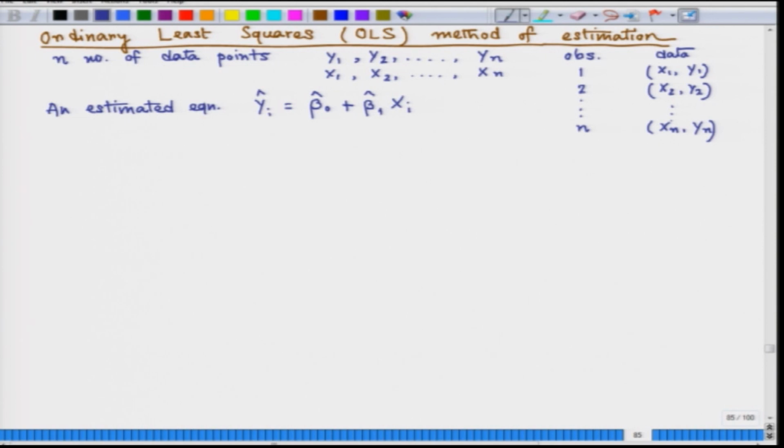right. Here note that I have introduced this new notation, hat. Hat represents the term estimated. Okay. This is represented by this caret or hat sign. So, this y hat i is called the fitted value or the predicted value.